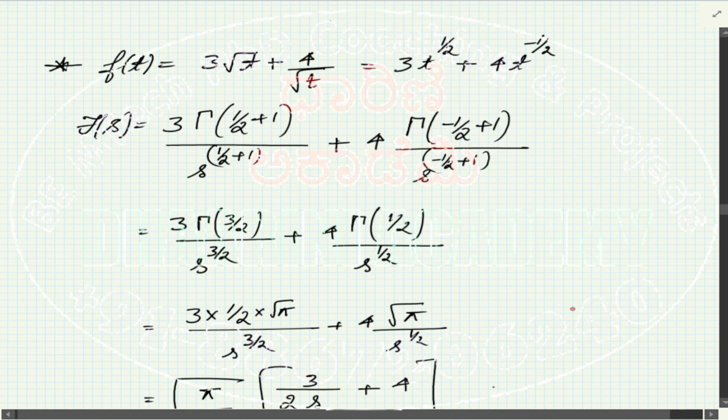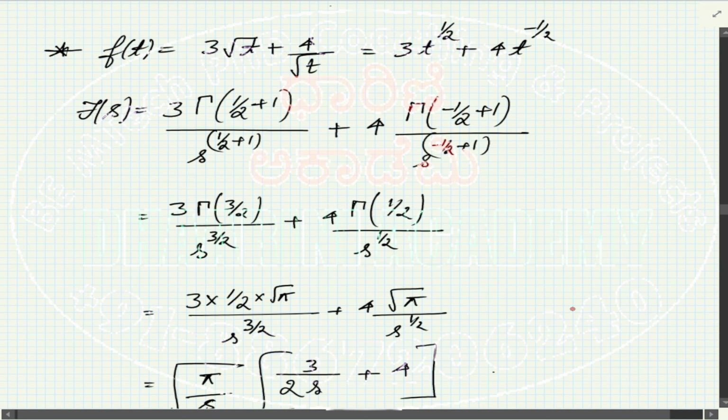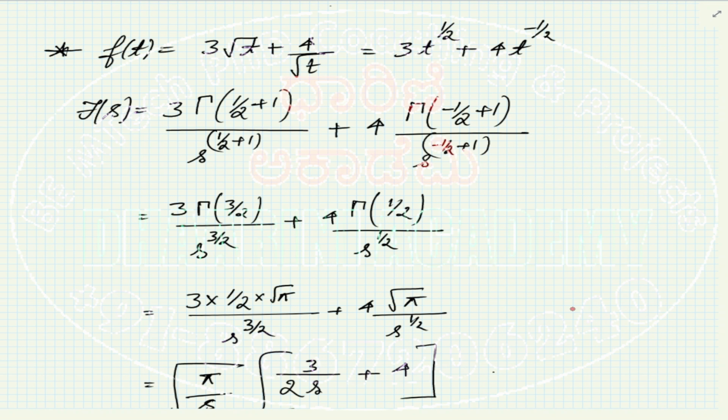Okay, this is the next question. 3 root t plus 4 divided by root t. There is a property of the gamma function.